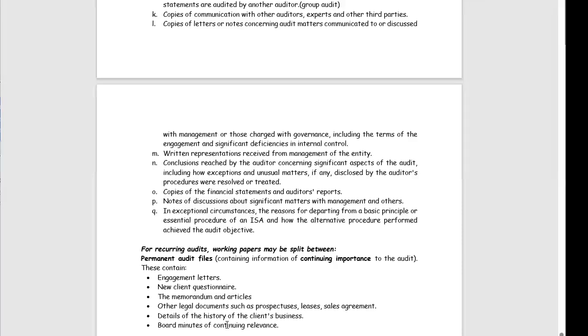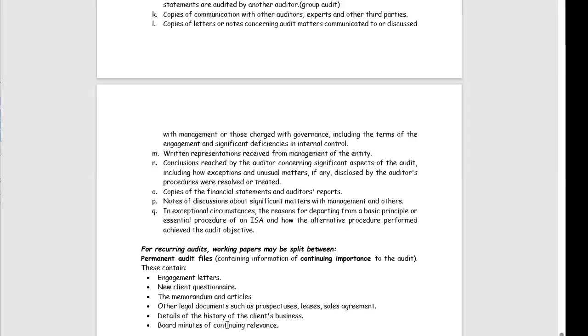A brief idea on what should be stored in the permanent audit file, then the current audit file. So the permanent audit file contains information of continued importance to the audit, or of long-term importance to the audit.